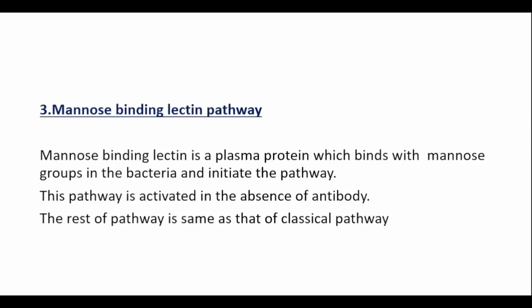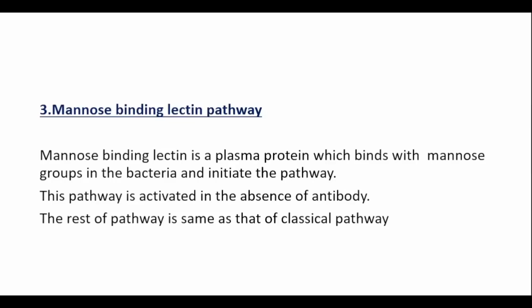When mannose binding lectin binds to the mannose residues on the surface of bacteria, that results in recruitment of MASP, that is, mannose binding lectin associated serum proteins, into that site. Then mannose binding lectin and MASP become a complex.